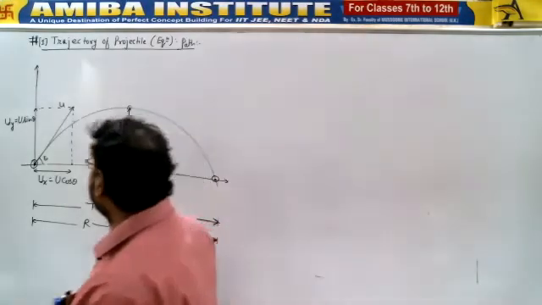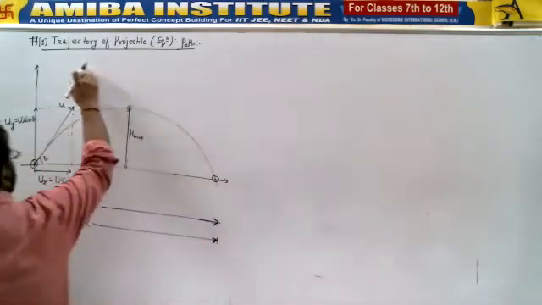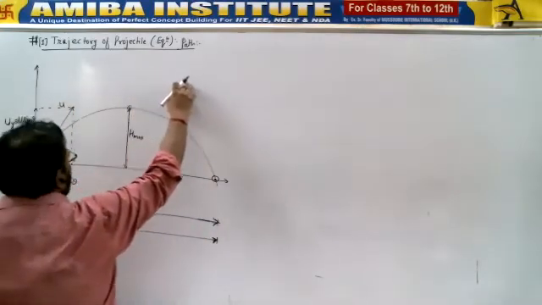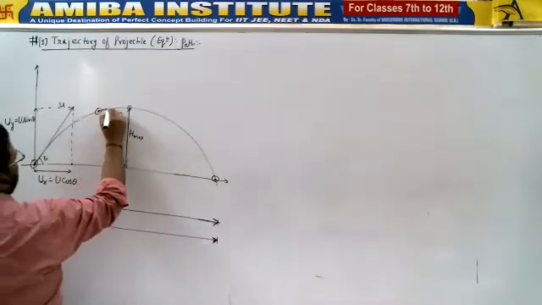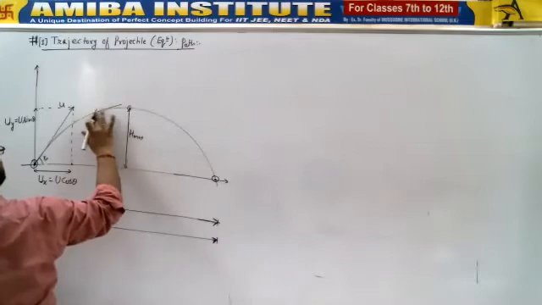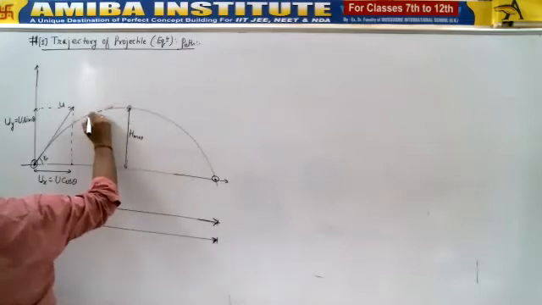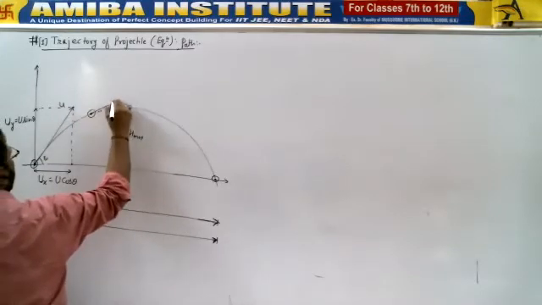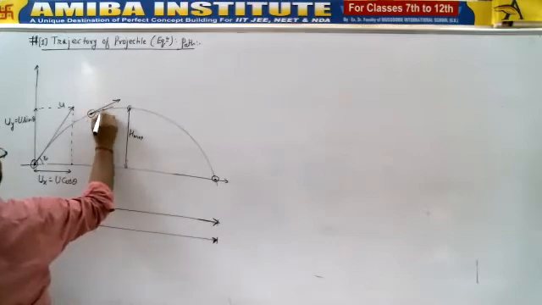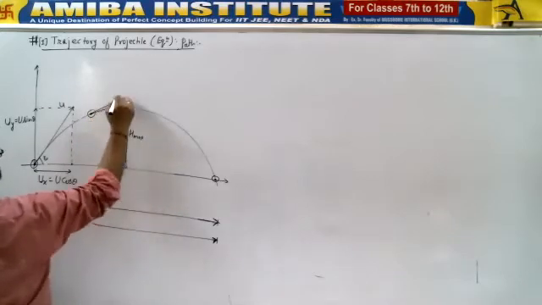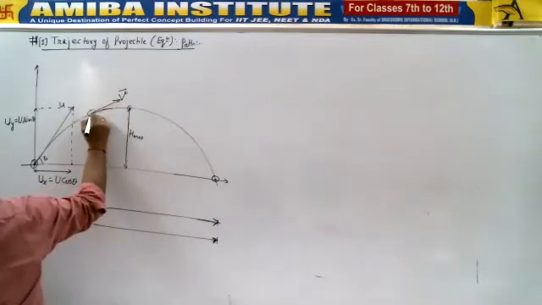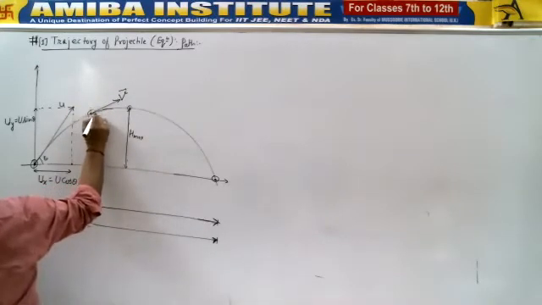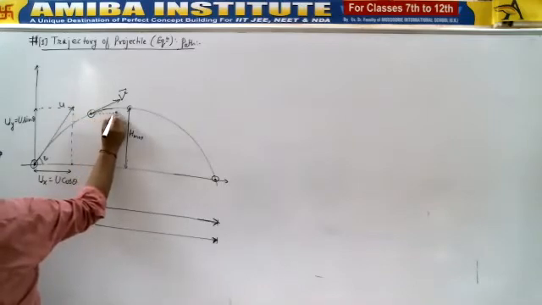Let's suppose now we find the trajectory of projectile path equation. Let at any time t the projectile has come to some point P, where its final velocity has become v, and let's suppose we have taken its two components.